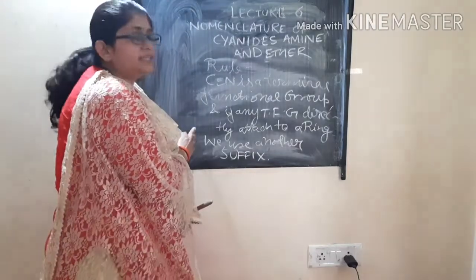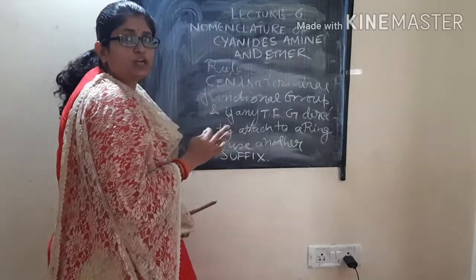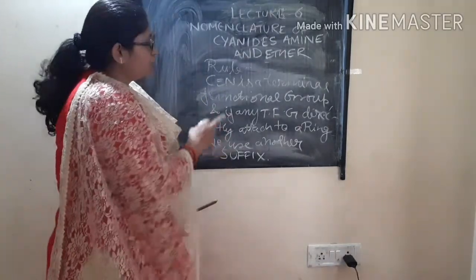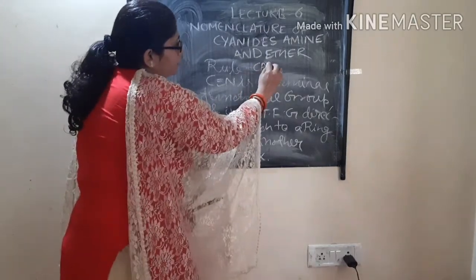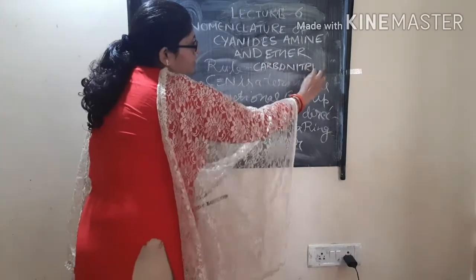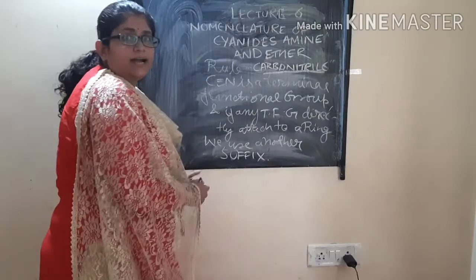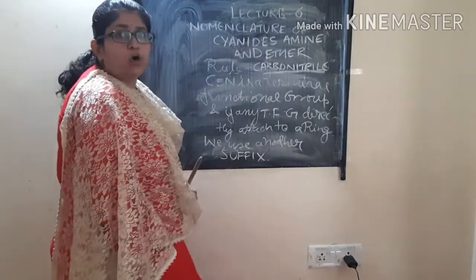Students, we have done this in the case of aldehyde also. Since aldehyde is also a terminal functional group, we named it as carbaldehyde. So here what will be the suffix? It will be carbonitrile. Understood, students? So let us take some examples so that it is more clear to you.